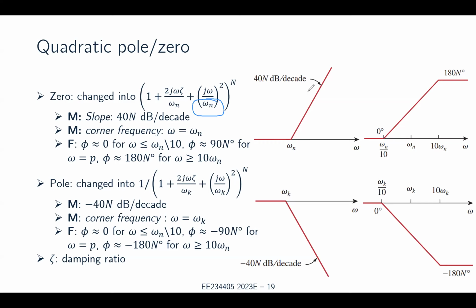And for the pole, it's the same, but now it goes down to minus 40n decibels per decade. The damping ratio here is zeta, and it determines how the plot goes around the corner frequency. Of course it's not like a discontinuous point here, but it should be smoother, like this, for example, right?